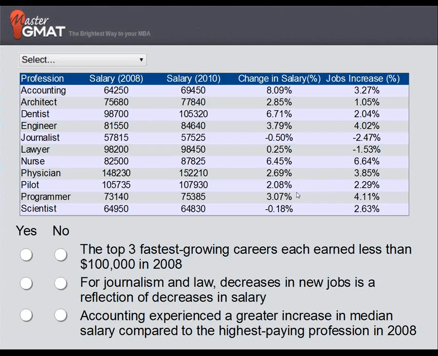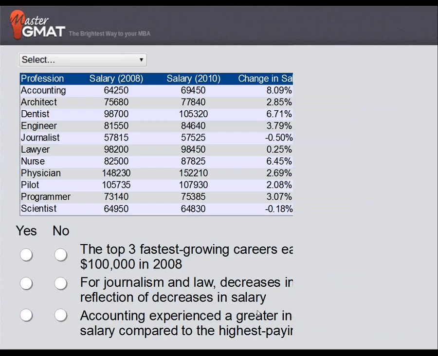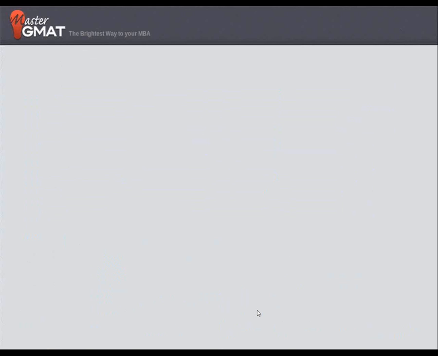One was, can we look at the change in salary percentage column to answer this question? Okay, great question. Usually, when we talk about increase in salary, it's going to be about the absolute magnitude. However, there could be some ambiguity on the real test.